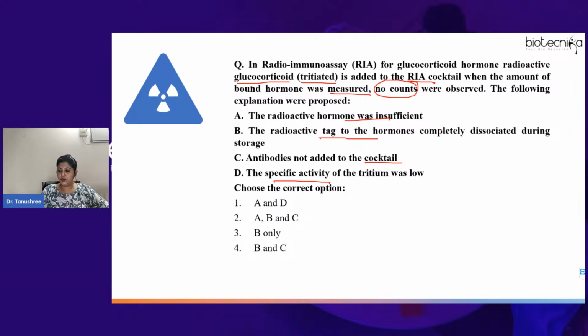Okay, option 2, option 4. Option 2 is A, B, and C, and option 4 is B and C. So that means there is a confusion whether A is correct or not. RIA we can use to detect hormones, right? Insulin, any particular antigen. Okay, Karen, you are saying option 4.